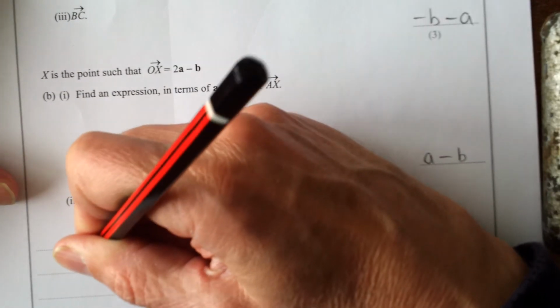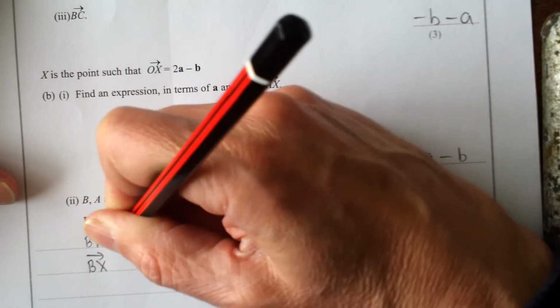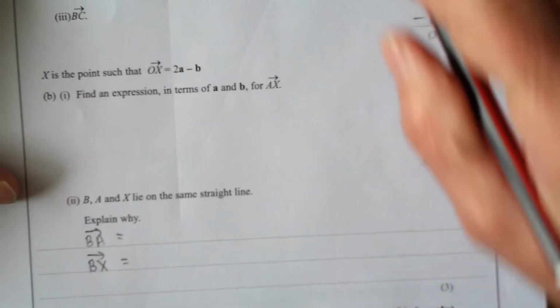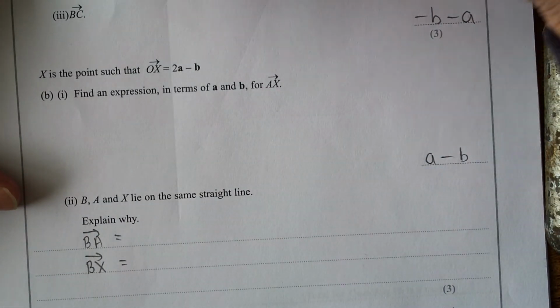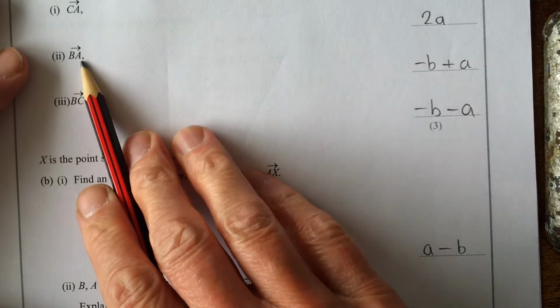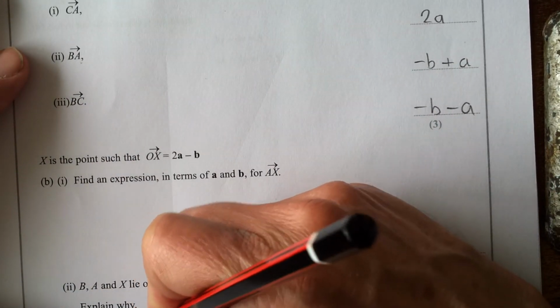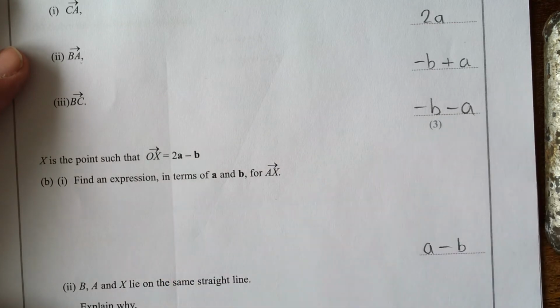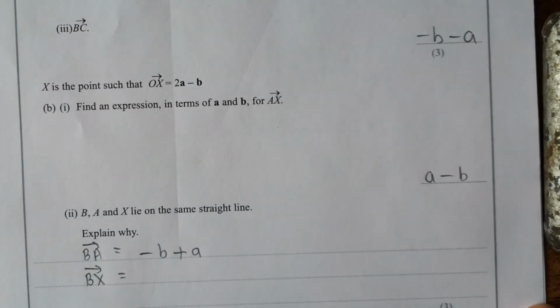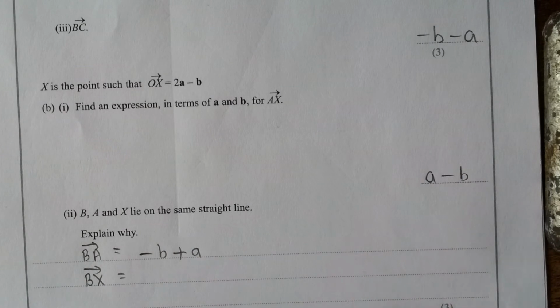So let's have a look. BA, have we done that? Yes, this was early on. Part 2, BA is minus b plus a. Okay, that's already done.